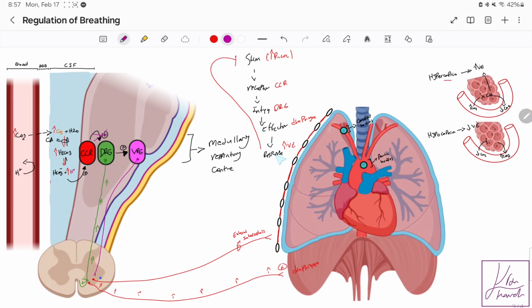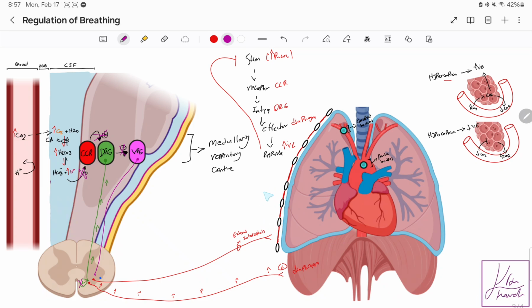Because remember, we increased our ventilation, we lowered our partial pressure of arterial CO2, which means there's no longer a stimulus to the receptor, which means this receptor is not getting stimulated, which means it's not stimulating the DRG, which means the DRG is no longer stimulating these motor neurons, and it's no longer stimulating the VRG. If the DRG is no longer stimulating these guys, guess what? These muscles are relaxing, and that's going to initiate the passive recoil of the lung.